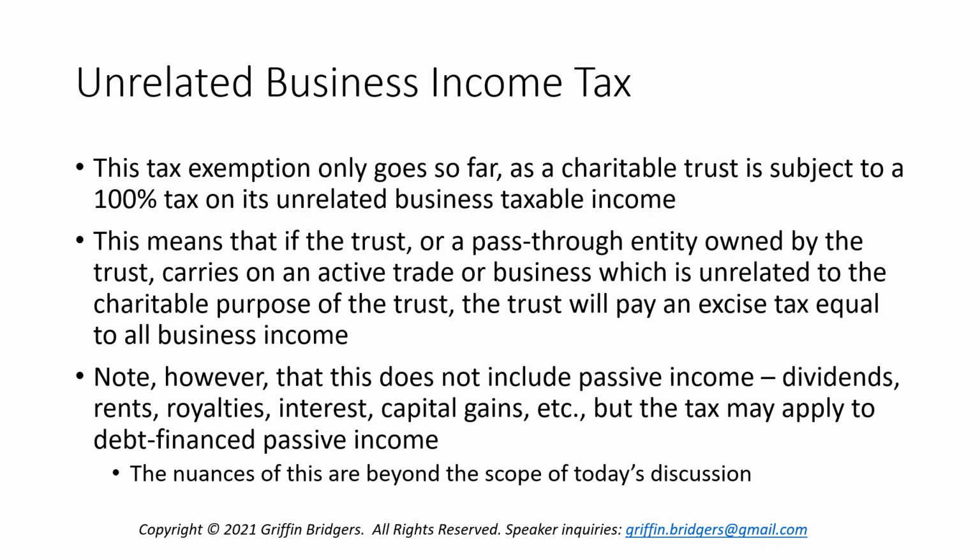Now, we're not going to dive into the semantics of this definition because I can't do it justice on this screen. What's helpful is to know the general exceptions. And the general exceptions look to passive income. So things like dividends, rents, royalties, interest, and capital gains wouldn't really be treated as unrelated business taxable income, unless in some cases you can show that debt finances that passive income.